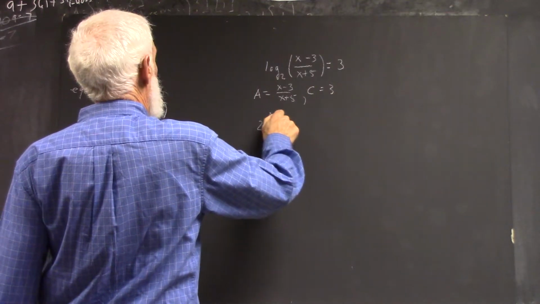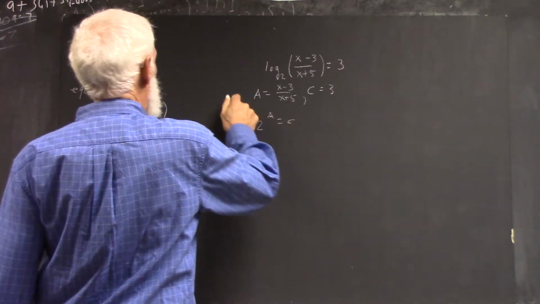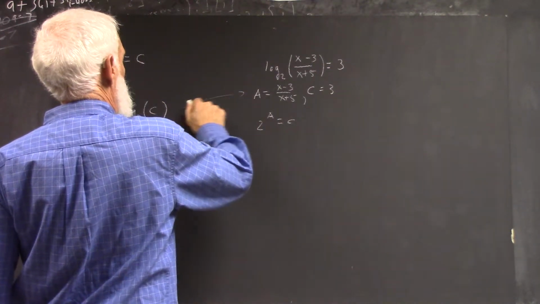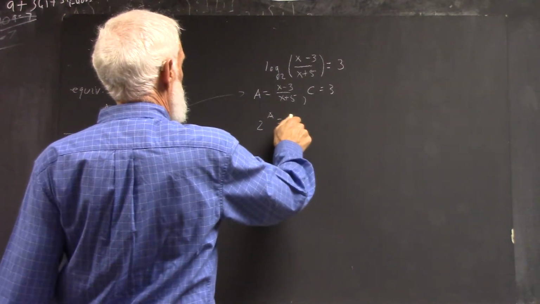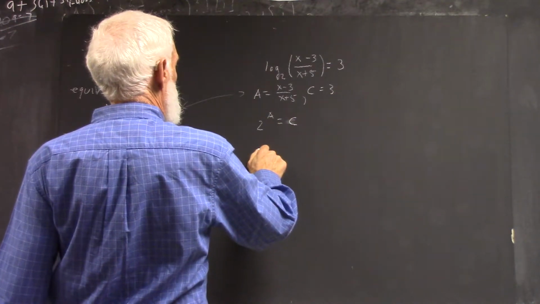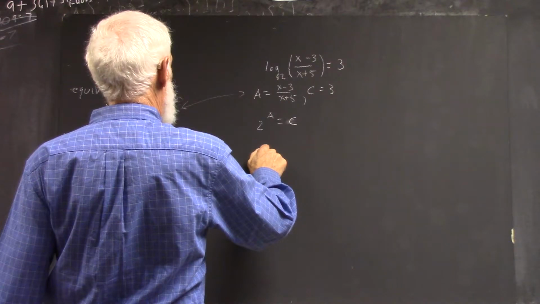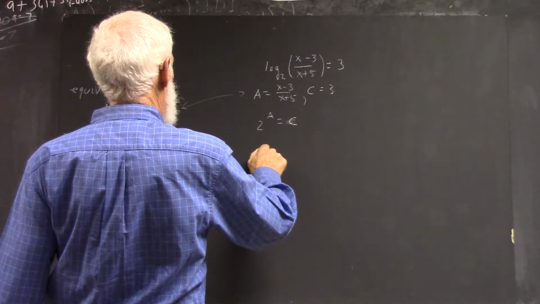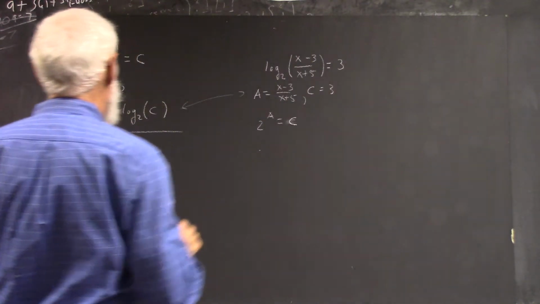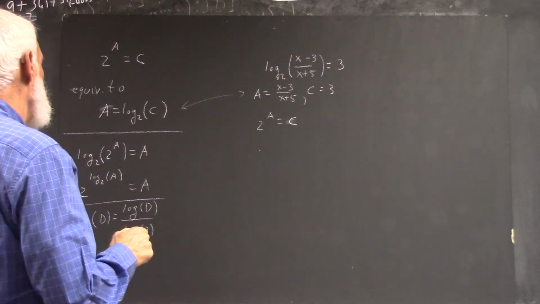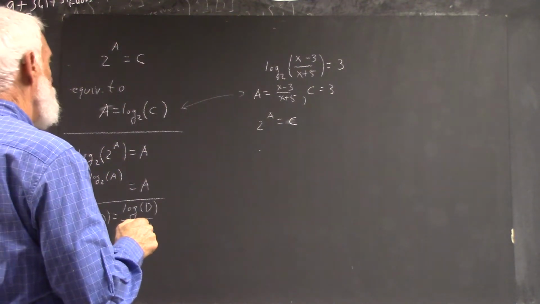So 2 to the A equals C says that... did I even write that correctly? Yeah, I did.